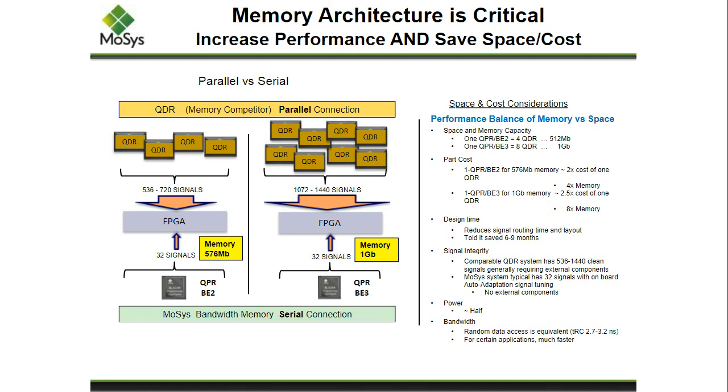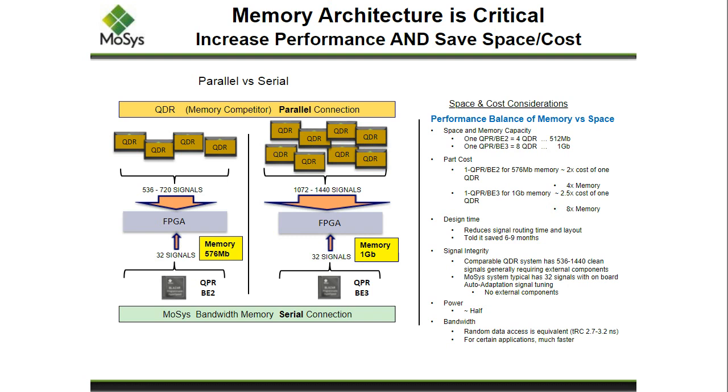So the basis of hundreds of pins versus 32 pins is really beneficial to a lot of PCBs. And that even gets worse. You can get up into the 1,000 pin area if you were trying to put down 8 QDR devices versus 1 bandwidth engine, which is, again, down to the 32 pins.